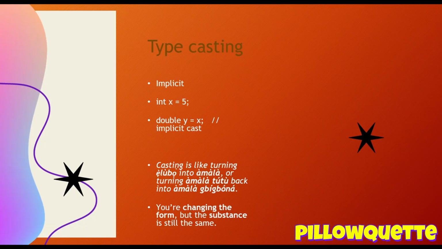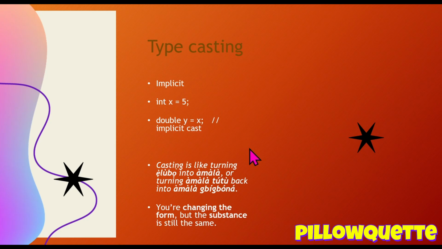I'm saying my double's name is y, and now this y is equal to x. So in this case, I'm changing an integer to a double. It's just automatically done. I'll show you an example right away, but before I do that, let's take a look at explicit.